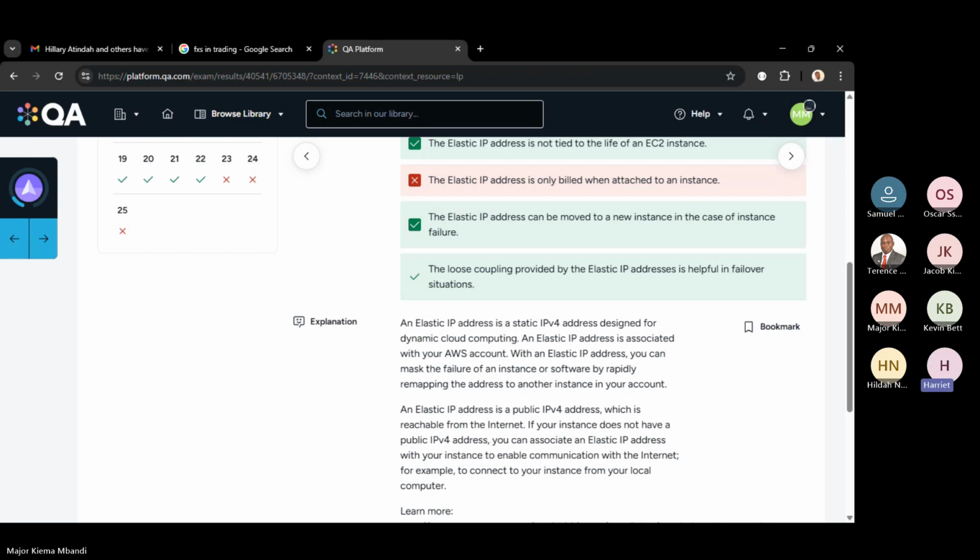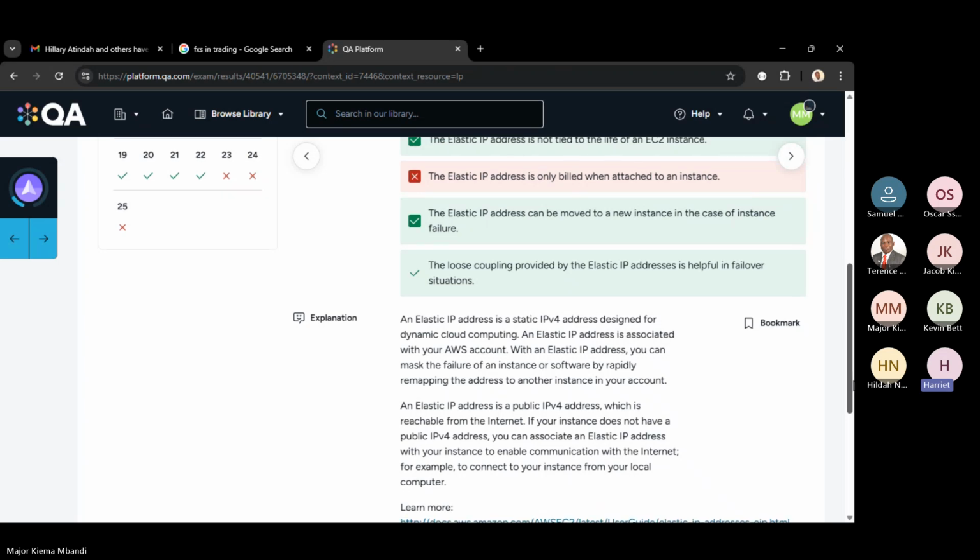An elastic IP address is a public IPv4 address which is reachable from the internet. If your instance does not have a public IP address, you can associate an elastic IP address with your instance to enable communication with the internet, for example, to connect to your instance from your local computer.